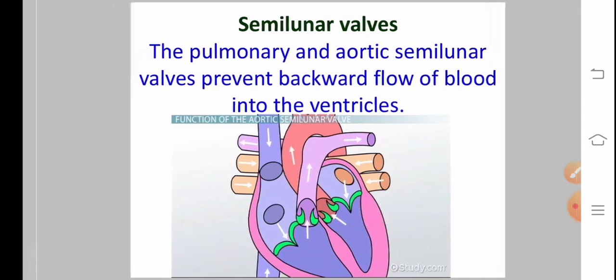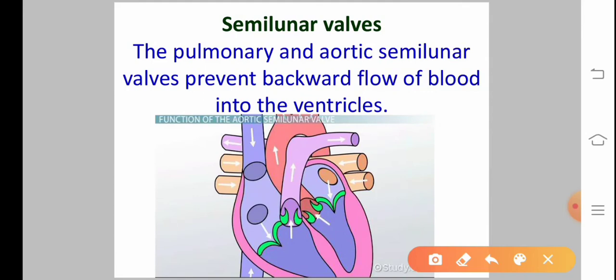So at the base of pulmonary artery and at the base of aorta, the semilunar valves are present.